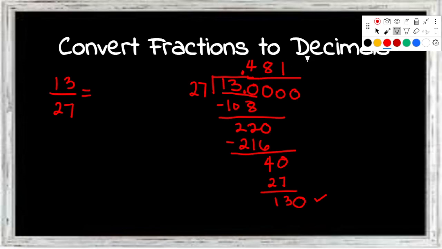Therefore, this will be repeating at 481, and in that case, we need to stop and we can write our answer as 0.481, and again, we will put the special symbol, the bar, on top of 481, indicating that 481 is repeating and never ending.